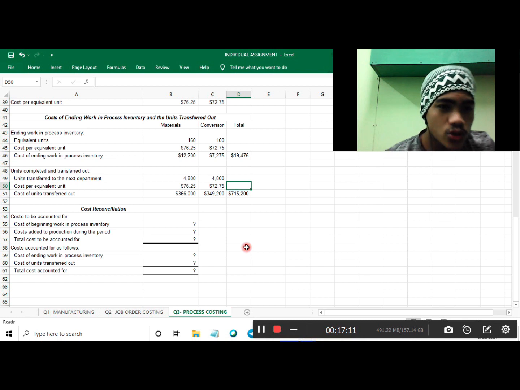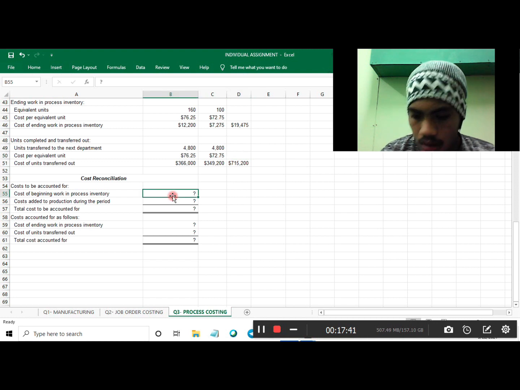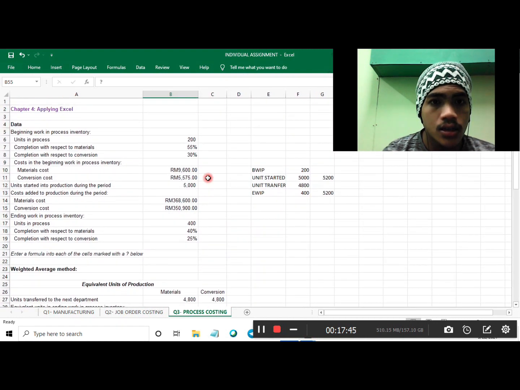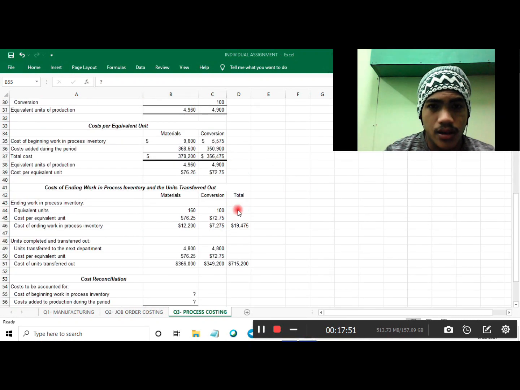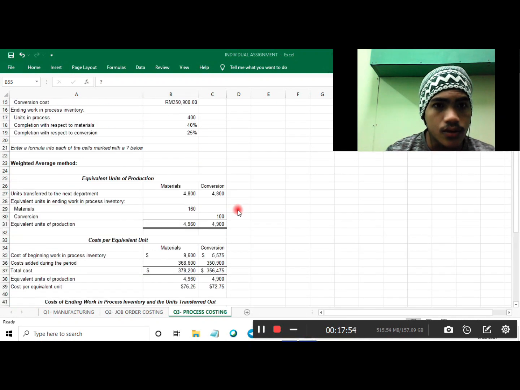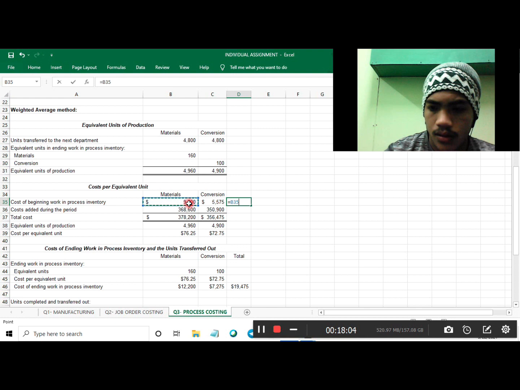So for cost reconciliation, costs to be accounted for, cost of beginning WIP, we need to find the total cost of equivalent unit: 6,600 plus material plus conversion cost of beginning, so we get 15,000.